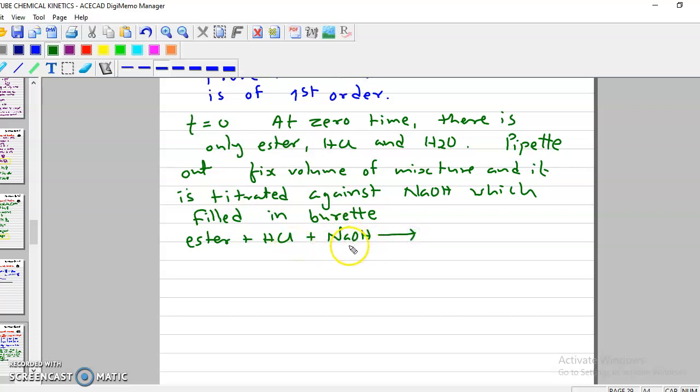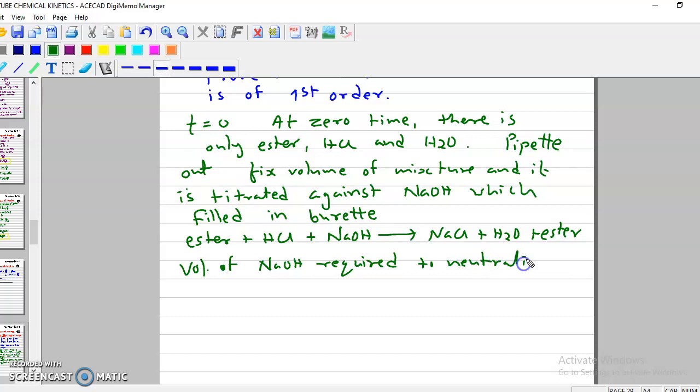NaOH is a base and it will react with only the acid HCl, and therefore we will get NaCl plus H2O plus ester, because ester is not going to react with NaOH. So it is basically an acid-base titration, and in this case the volume of NaOH required to neutralize only HCl.